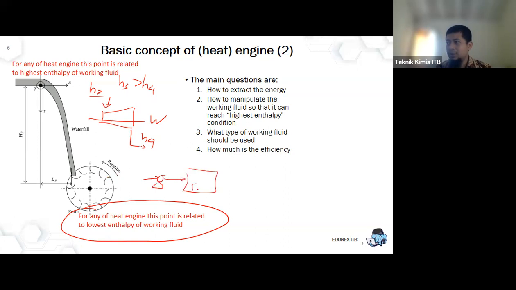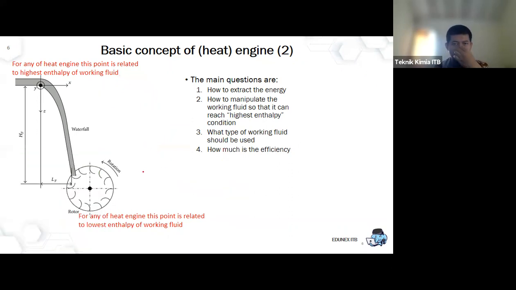Here this is the boiler, so that it changes. Maybe here we have H2, here we have H3, and here is liquid, here is vapor. As you can remember, the H of vapor is much bigger than the H of liquid.